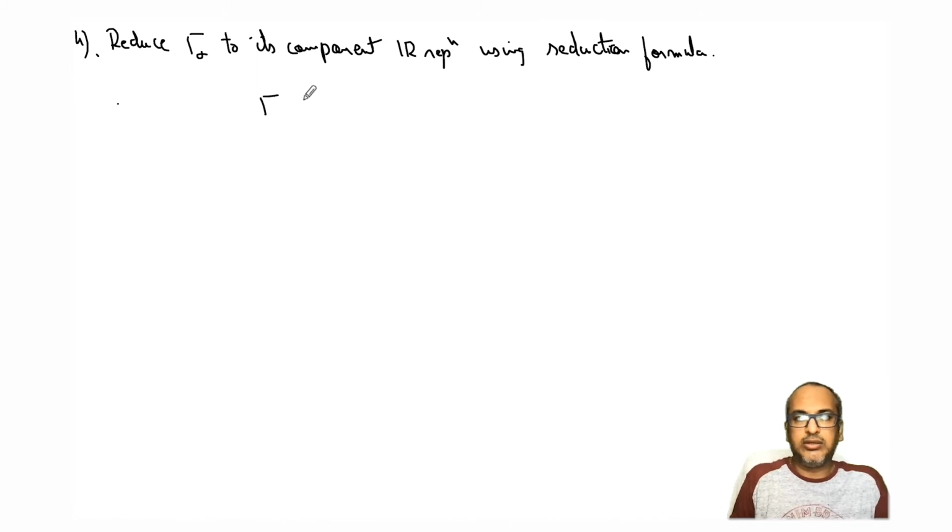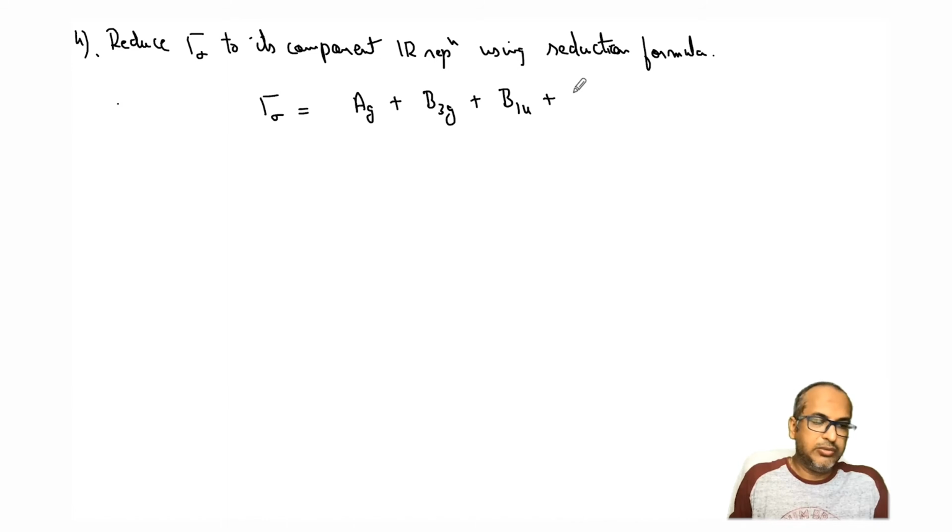Look back at the previous notes and see what the reduction formula is and how to use it to reduce tau sigma. If I do that, I will get AG plus B3G plus B1U plus B2U.